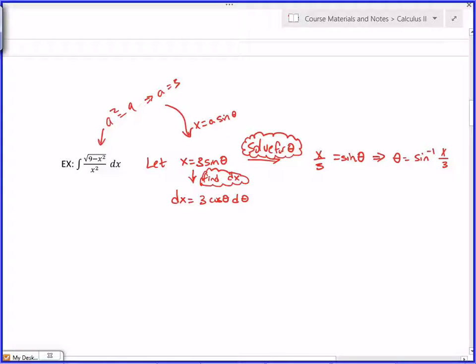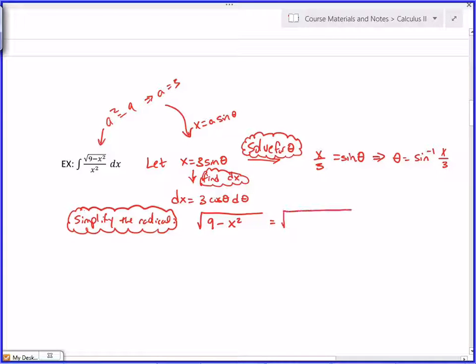All right, so what I do next is I simplify the radical. So I chose my substitution, I solved for theta, I found dx. Now I'm going to simplify the radical, which means I want to look at what is square root of 9 minus x squared, just that piece.